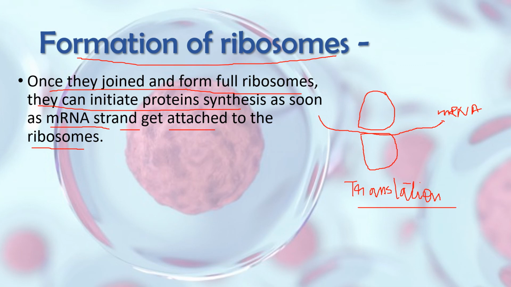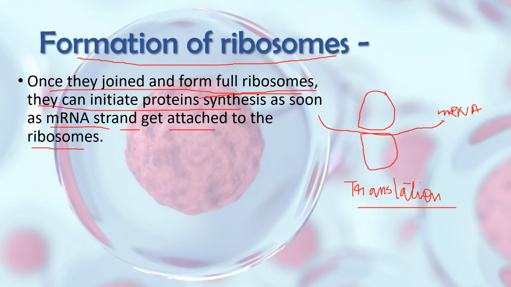And now these subunits are transported back to the cytoplasm, where protein synthesis takes place, and the small subunits assemble with the respective large subunits to form the full ribosomes.